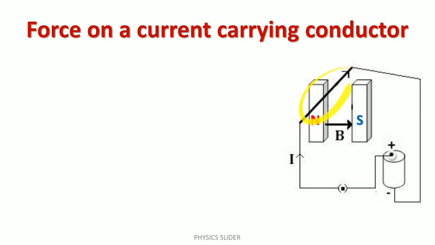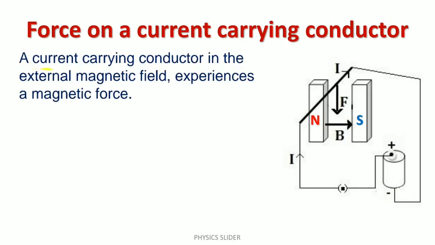Due to this current supply, it is associated with a magnetic field which clashes with the external magnetic field, and this current carrying conductor experiences a force F. So we can say that a current carrying conductor in an external magnetic field experiences a magnetic force.